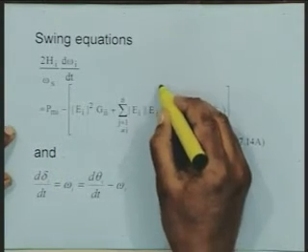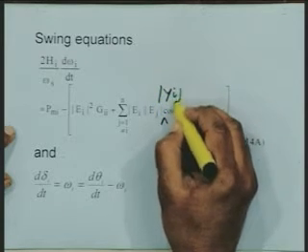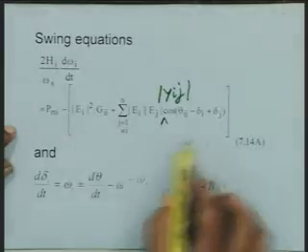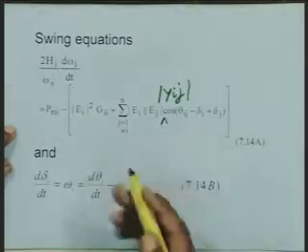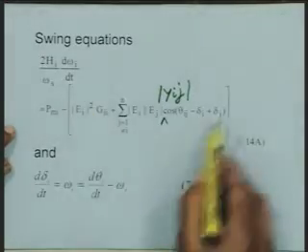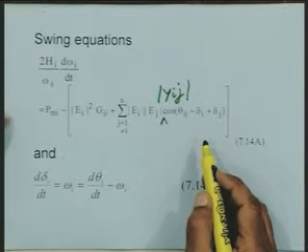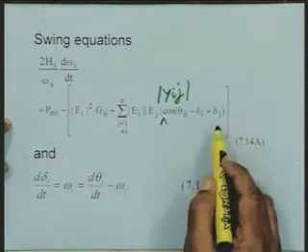Again here the Yij term is missing. This is the expression for electrical power output from the ith machine.